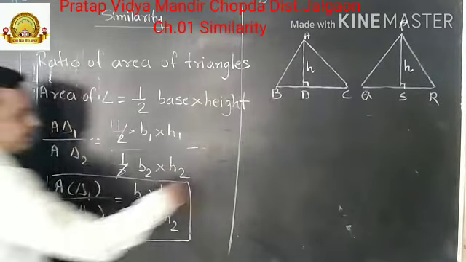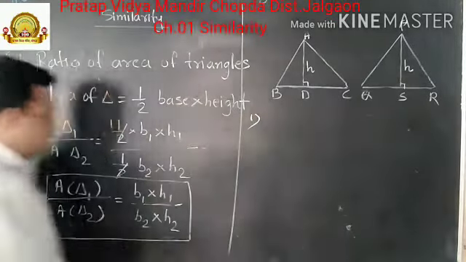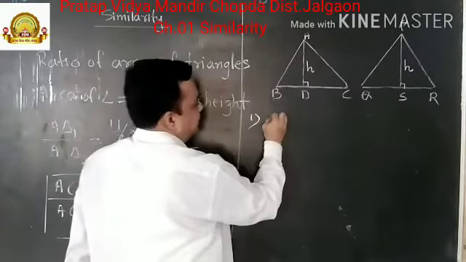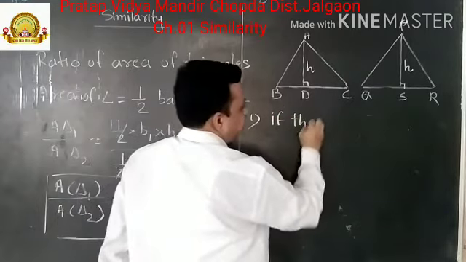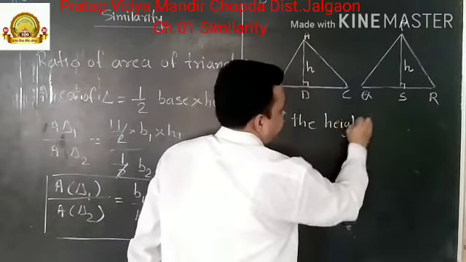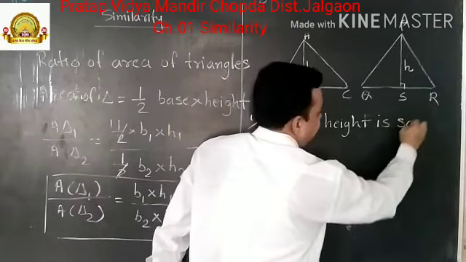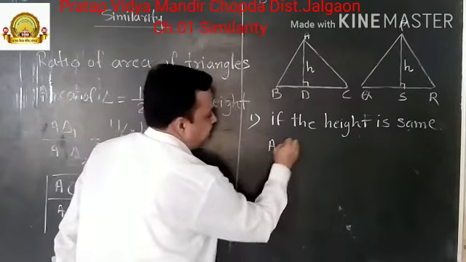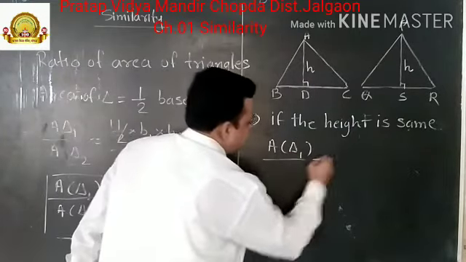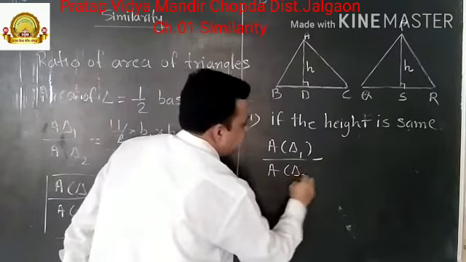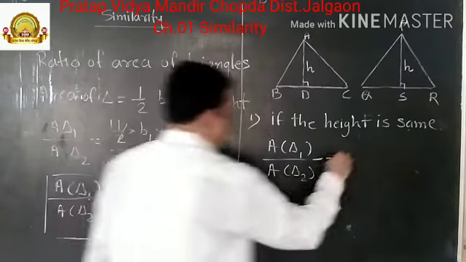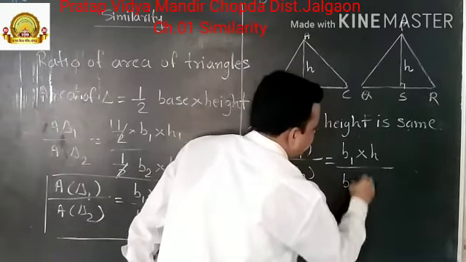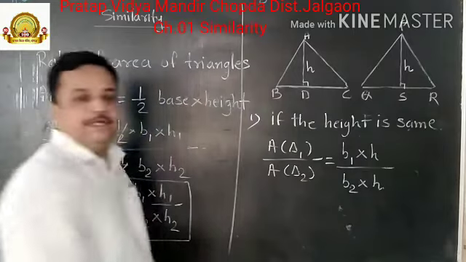Suppose the first condition: the triangles have the same height. If the height is same, then what will we get? The ratio area of triangle 1 upon area of triangle 2 is equal to B1 into H upon B2 into H, because height is equal.